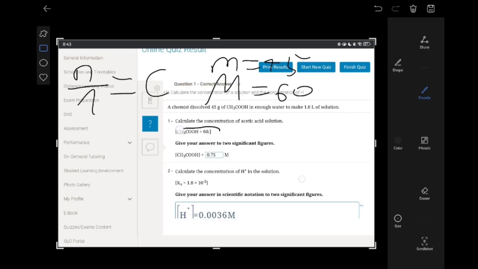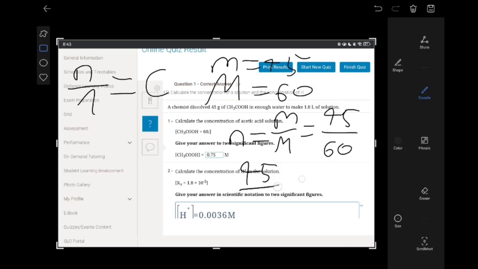Sometimes in exams they don't give you this. They want you to calculate it yourself, like they give you a periodic table and you add up everything. So n equals m over M, which is 45 over 60, equal to 0.75.